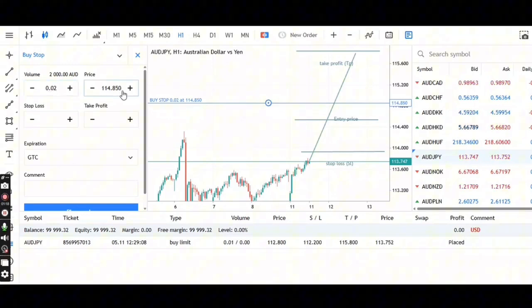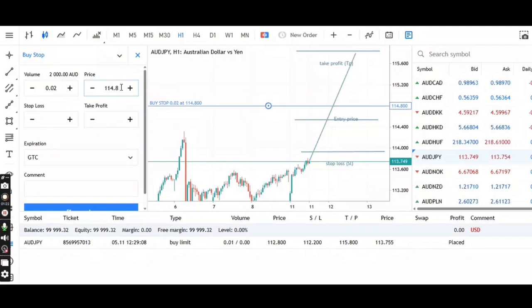And then the next one is I want to change the price. So at what price do I want to enter the market? I want to enter the market at this particular price, 114.400. Okay, then the next one is where do I want to place my stop loss?